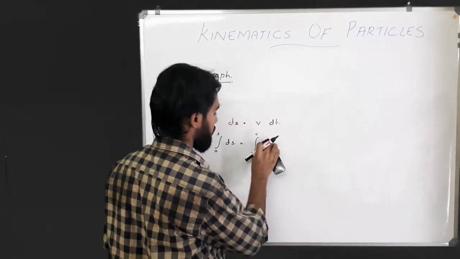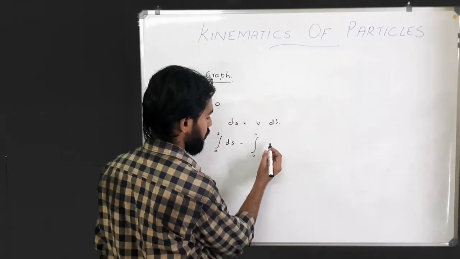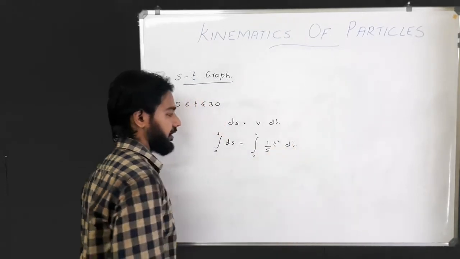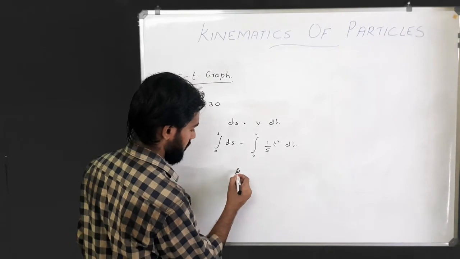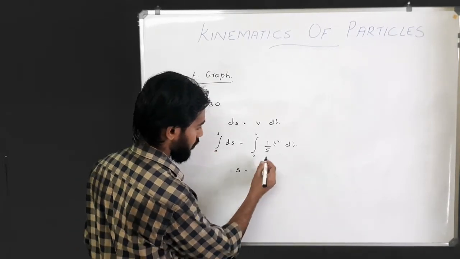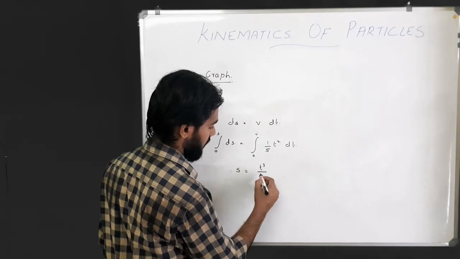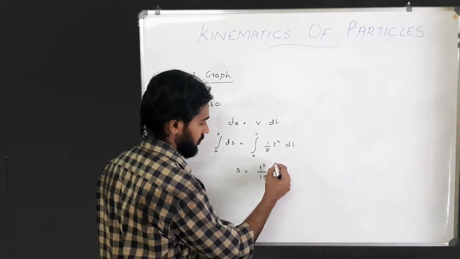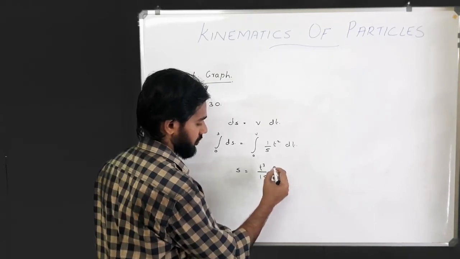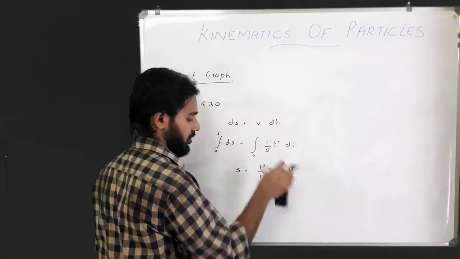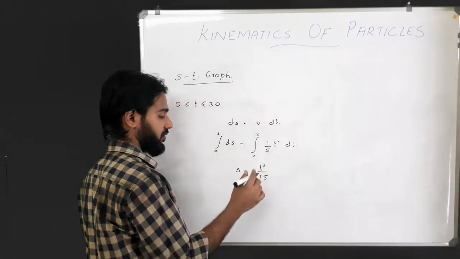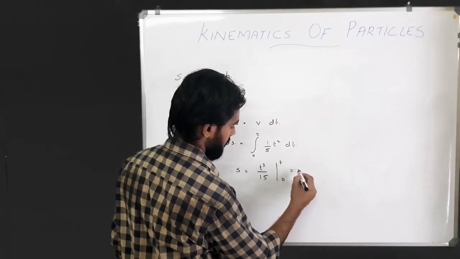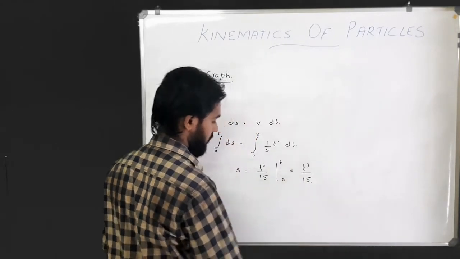As you know from the previous equation, you will get 1 by 5 t square dt. So this will give you s minus 0, s will give you t cube by 15. Now t cube by 15 from t to 0 is equal to t cube by 15.